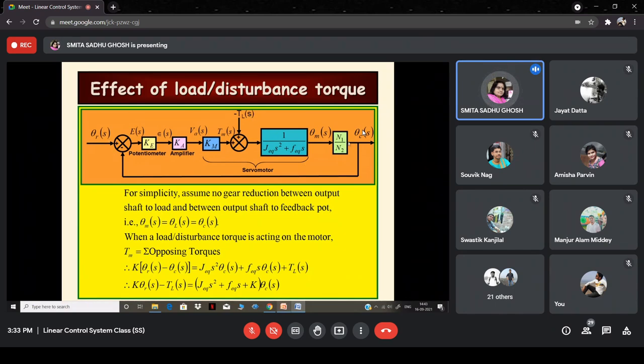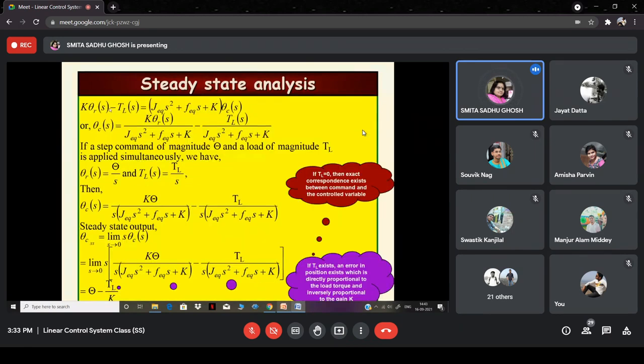There will be another transfer function of the output to the other input, which is the disturbance torque. That is what we are going to see over here. So from this expression we've got this, or rather dividing the right hand side and left hand side by the coefficient of theta cs, we are going to get the next slide. This from this is what we get.